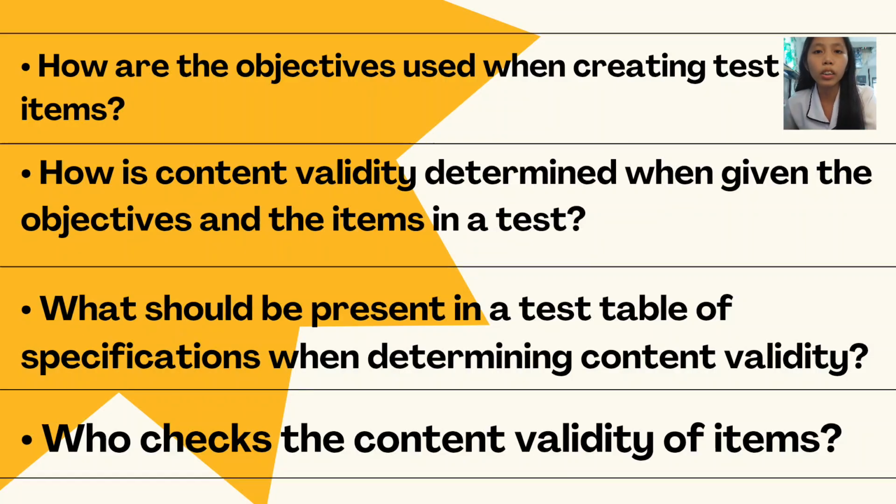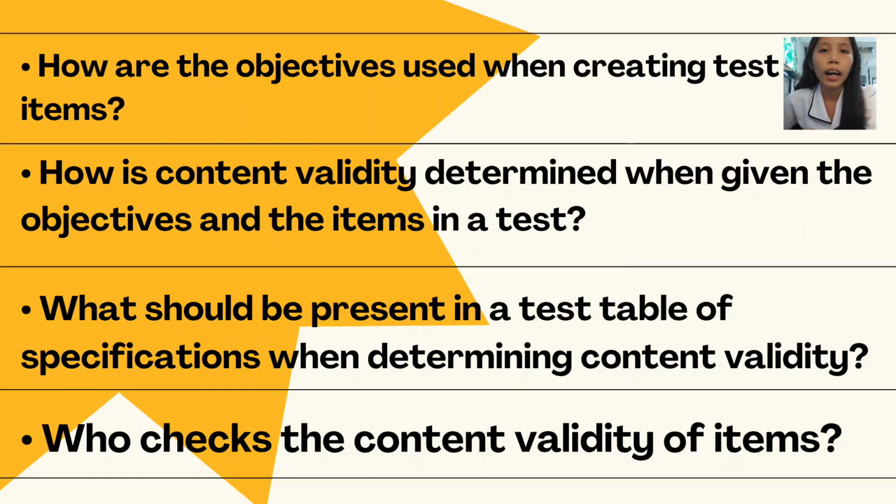And then next question is what should be present in a test table of specifications when determining content validity? So here ang dapat na nakapaloob dito is topics and yung objectives, and then the Bloom's taxonomy levels, such as remembering, understanding, etc. And then also kasama din dito yung number of items per topic and yung percentage o kaya naman yung weight ng bawat paksa doon.